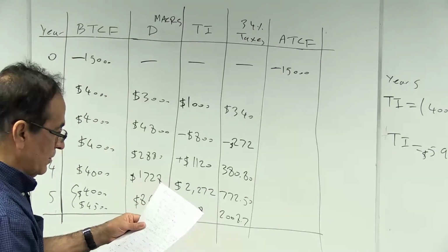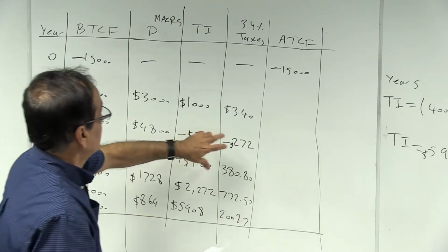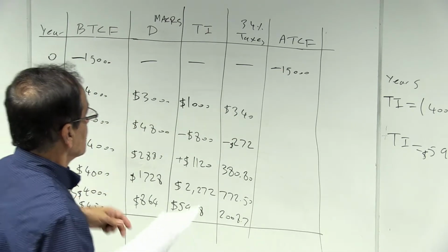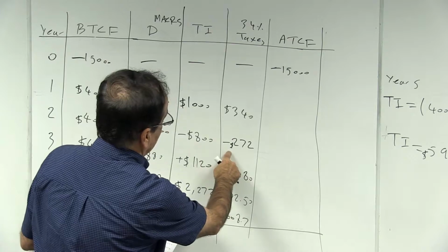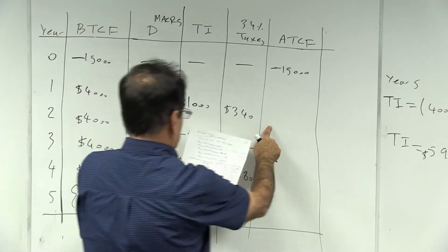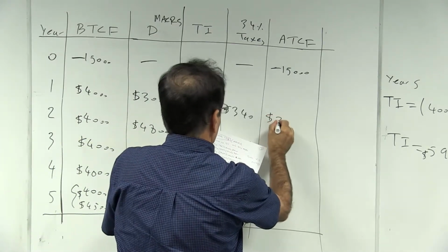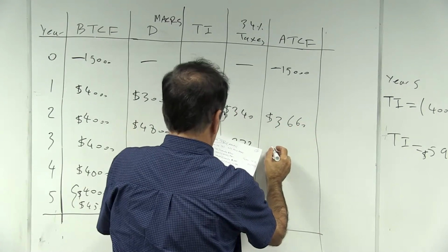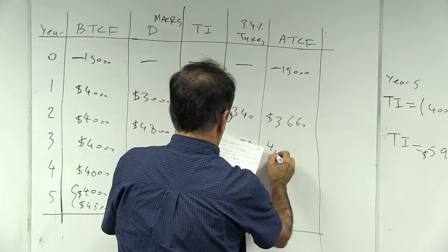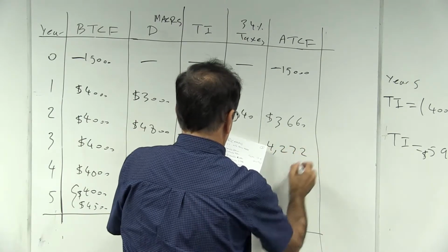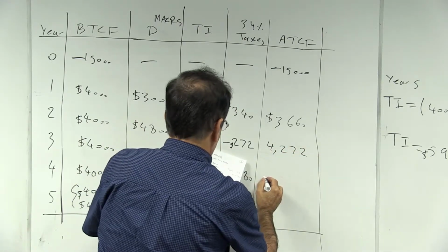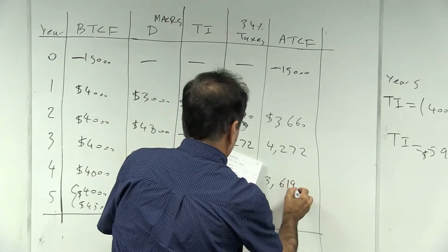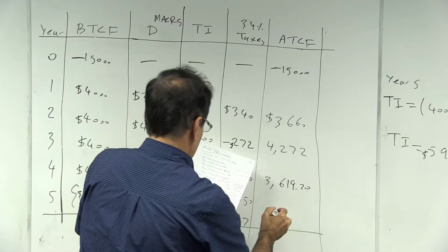So what we're going to do next, we're going to add or subtract this column from the previous column. So when we subtract this negative, negative is going to become positive. So first year is going to be 3,660. The next one is going to be 4,272. Year 3 is going to be equal to 3,619.20.